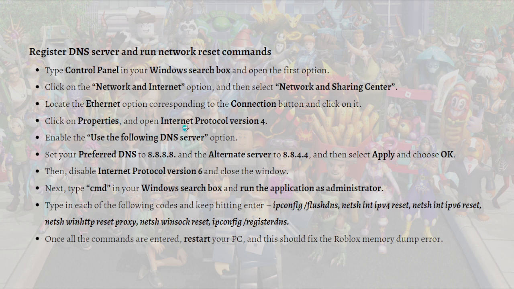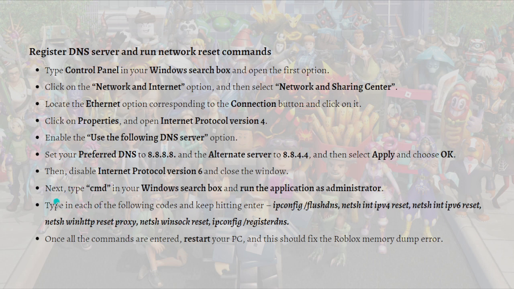Open the Internet Protocol Version 4 and enable the Use the following DNS server option, and set your preferred DNS to 8.8.8.8 and the alternate server to 8.8.4.4, then select Apply and choose OK. Then disable Internet Protocol Version 6 and close the window.